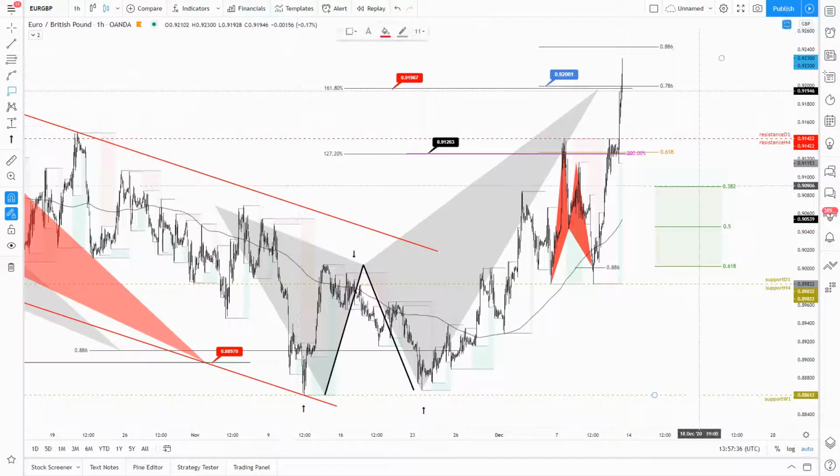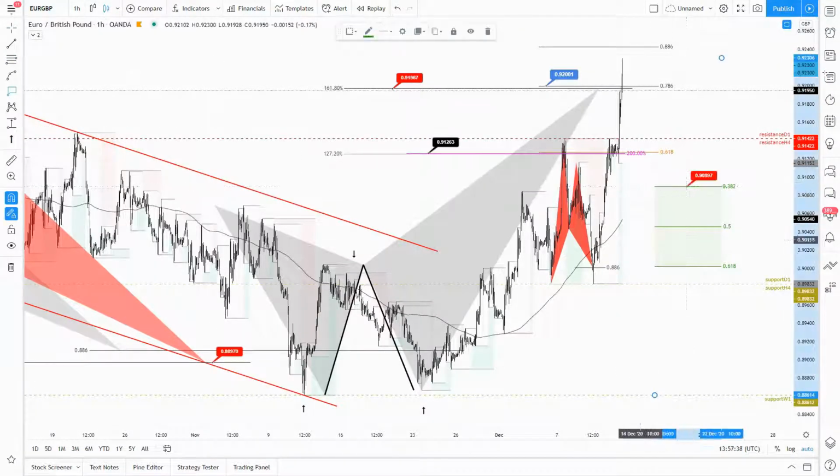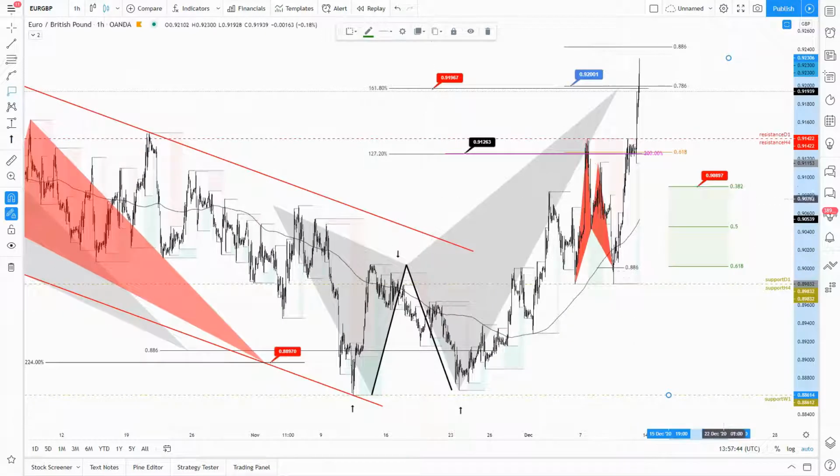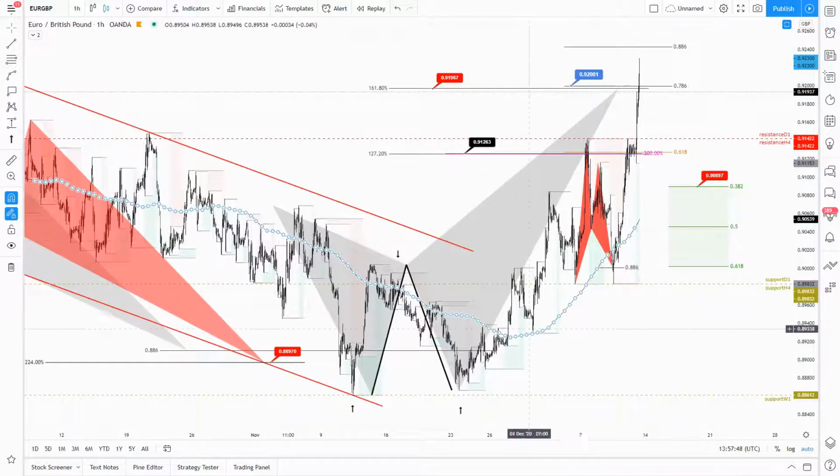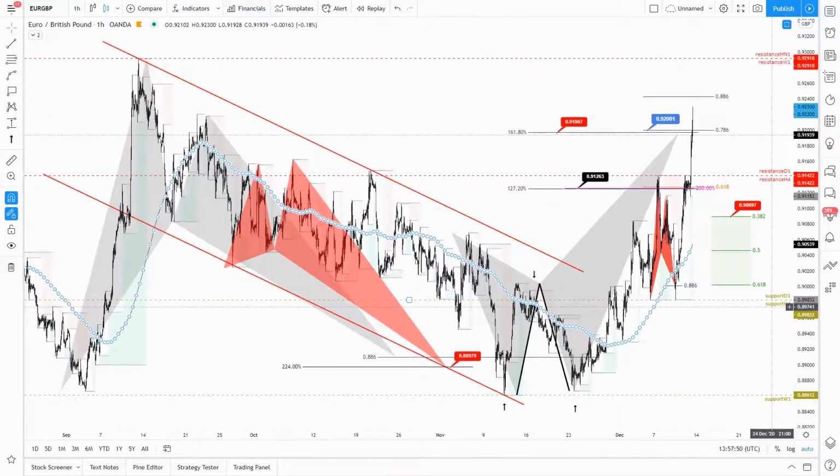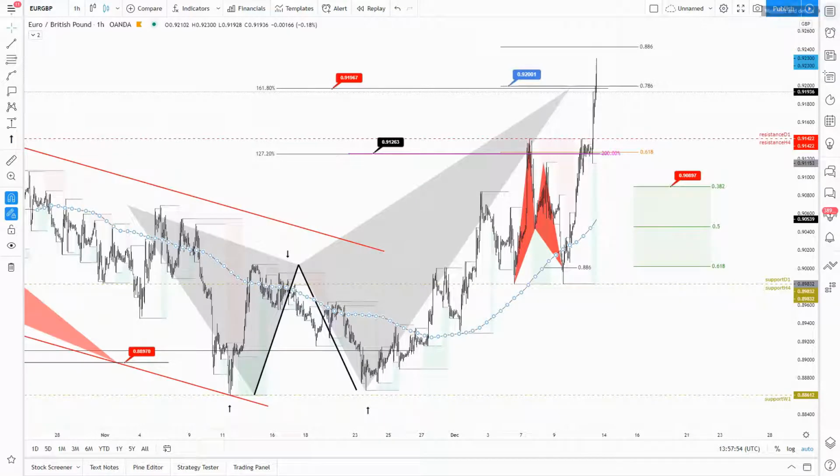So I will put my targets at 90.89. This is the default target for this crab pattern. 38% fib, eventually again searching for this very strong bullish momentum and searching for this 200 moving average approaching from below again.